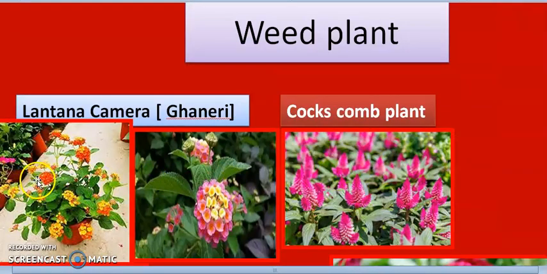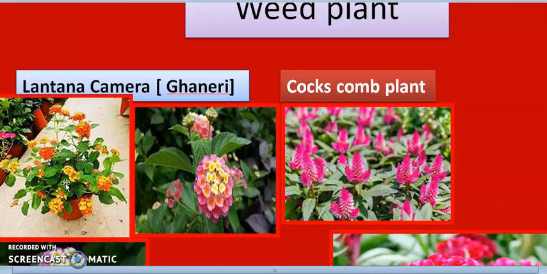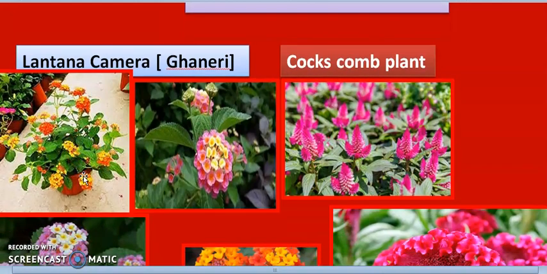In the next image we see Lantana camara, locally known as Ganeri. This type of plant is also grown in gardens as a hanging basket or hanging plant, and it is also used as an ornamental in gardens.